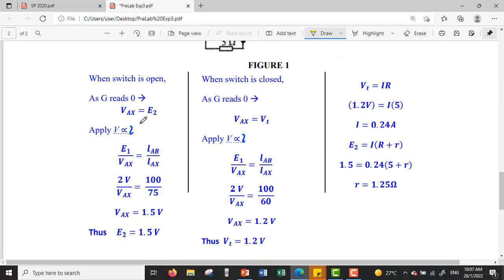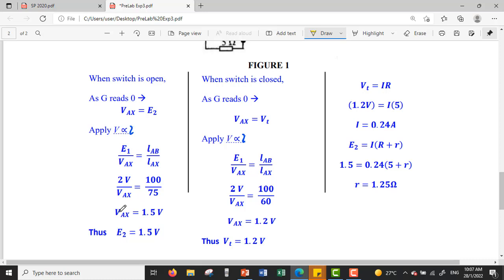We can apply V proportional to L. So E1 over VAX equals LAB over LAX. 2 volt is given to 100 cm, so for 75 cm, how much is the voltage across that balance length?